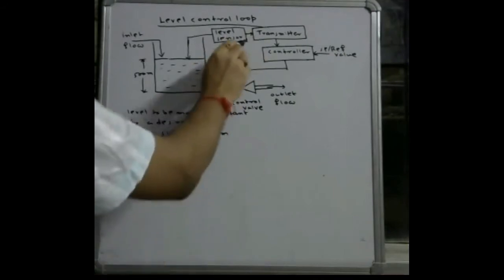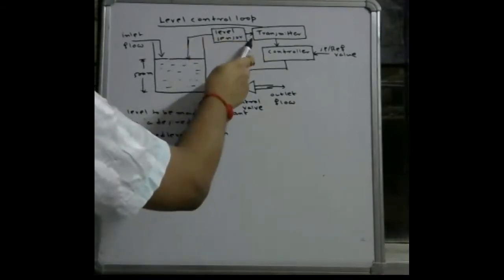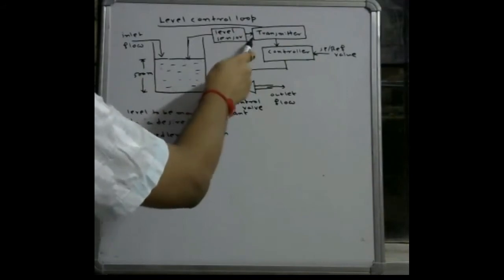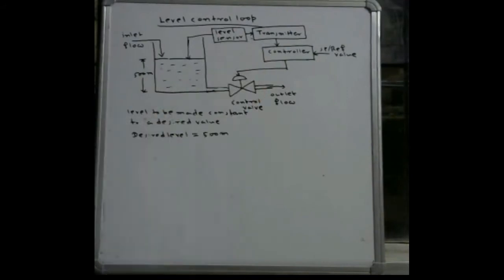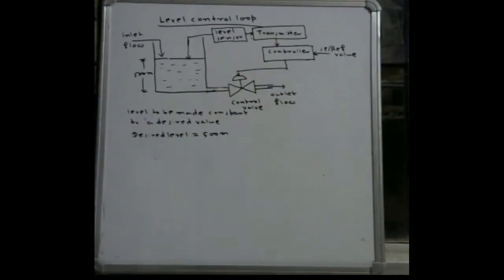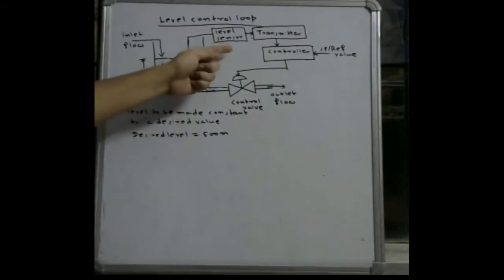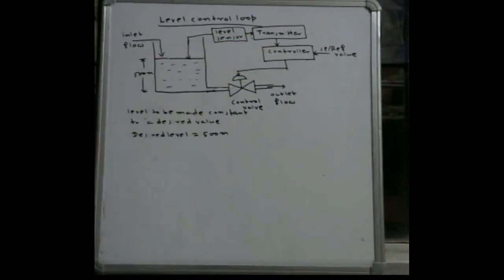So we have to transmit this output voltage of the level sensor over a long distance. If we transmit this signal over a long distance in the form of voltage, then there will be a huge problem. What is this?